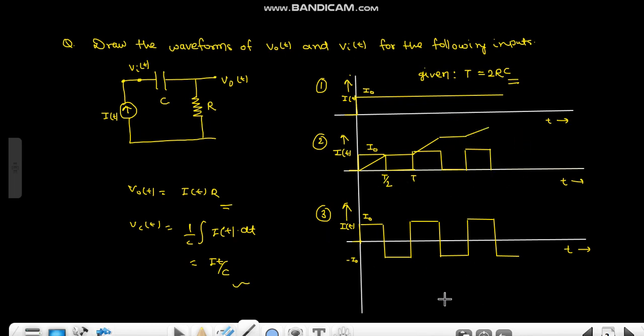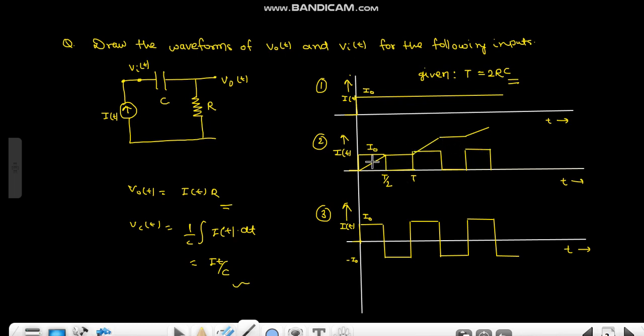Like first I naught T by 2C here, then there is no charge, then nothing will happen. Here nothing will happen. Then again I naught T by 2C plus I naught amount of current. So again it will increase. Or simply you can integrate it.